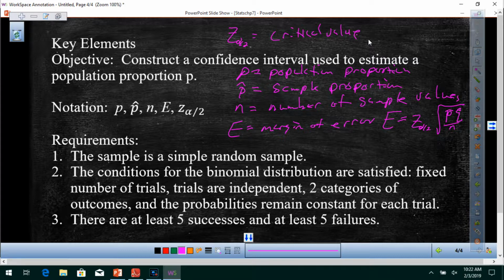And the probabilities remain constant for each trial. There are at least 5 successes and at least 5 failures. And that's that np is greater than 5 and nq is greater than 5. And that's the way to verify that.